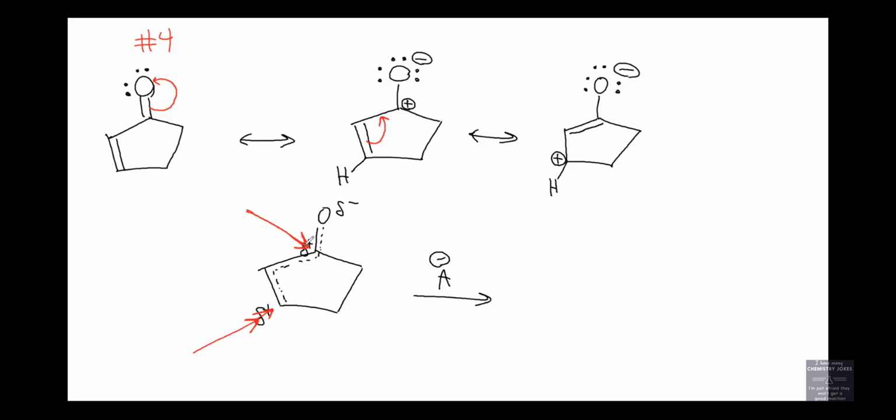It will react at this red position number 1 or this red position number 2. That's the only places it's going to go. Conversely, if I added a positively charged thing, if this were not an A minus, but let's say an H plus, where's that H plus going to react? Obviously, it's going to hook up with the oxygen because the oxygen had a negative charge.